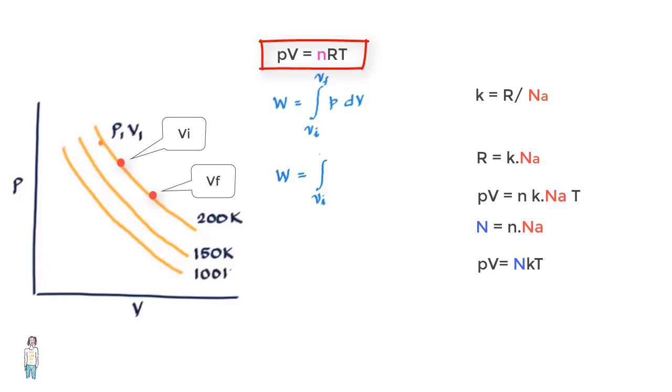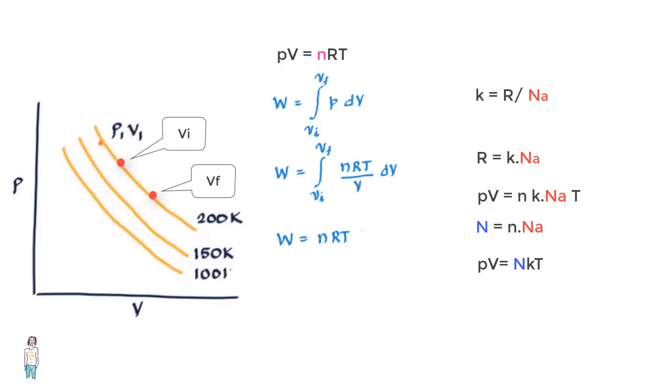Now, since we are assuming this to be an isothermal expansion, T will be a constant, and we can pull this out along with R and n, which are also constants, and rewrite this equation as W is equal to nRT and the integral dV upon V, which therefore equals nRT ln of V as V changes from Vi to Vf.